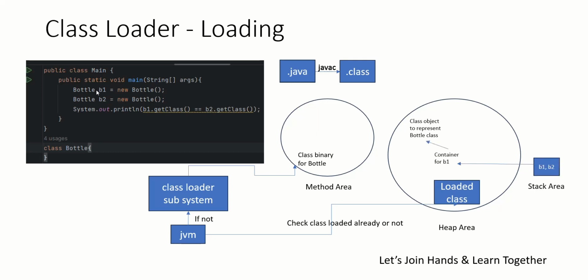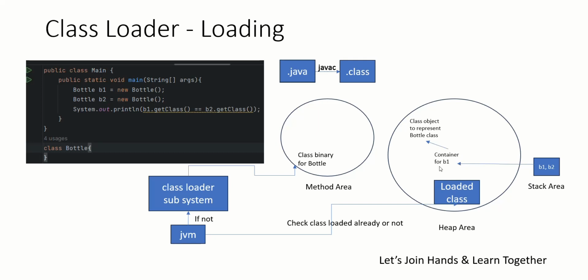See, we have the b1 instance created, right? For that, we can see the symbols are present in the stack area because main is a method. So it will create a stack frame in the stack area for the main method, and b1 and b2 will be stored in the frame data. b1 and b2 are object references. They take 4 bytes and are stored in the local variable array, and exactly that object's information is present in the heap area.